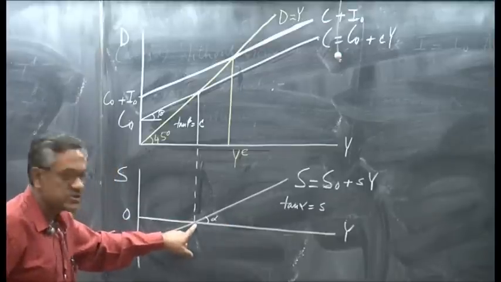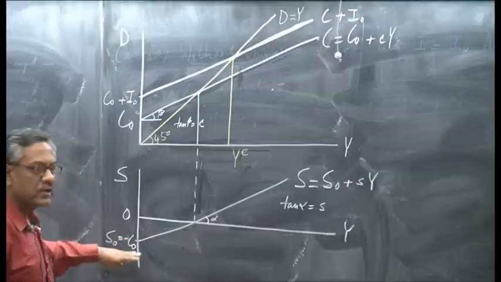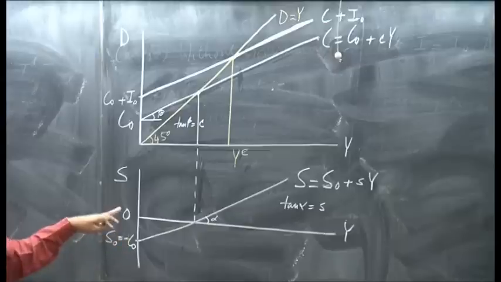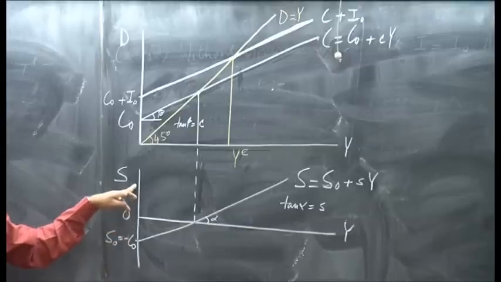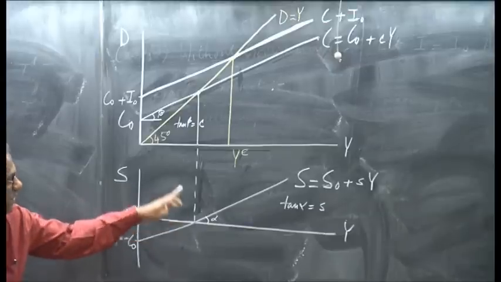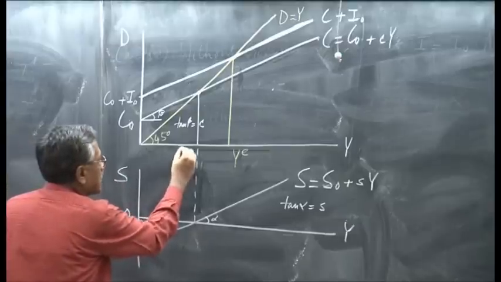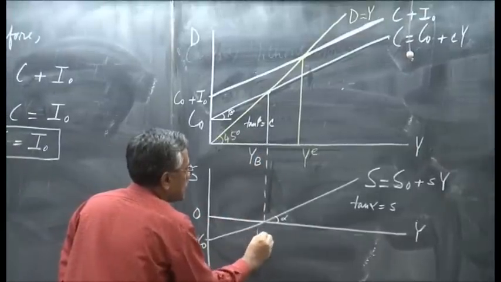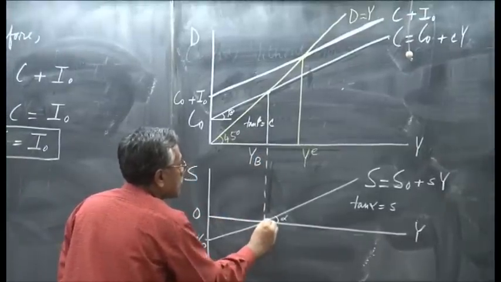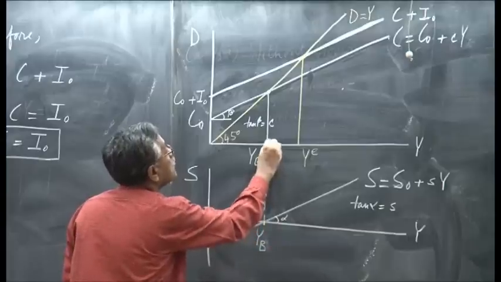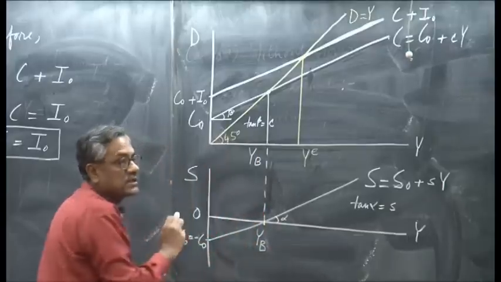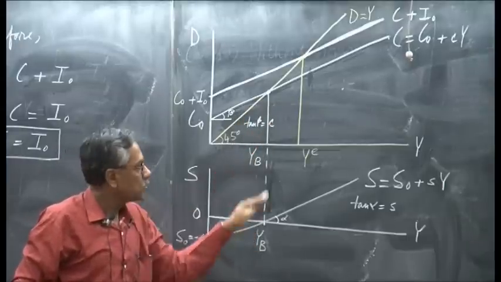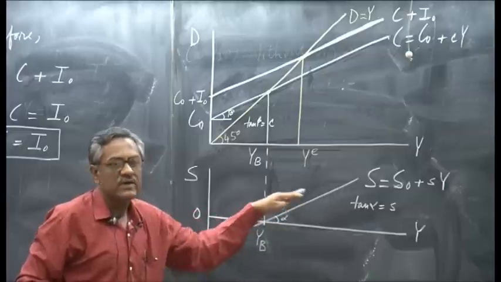This intersection is the zero value, so this is a negative value here on the y-axis which measures savings, and here you have the positive value. At some income, you can call that YB income, I will explain why it is called the YB level of income, consumption equals income, therefore savings are 0. After that, at any higher income, you are going to have positive savings.